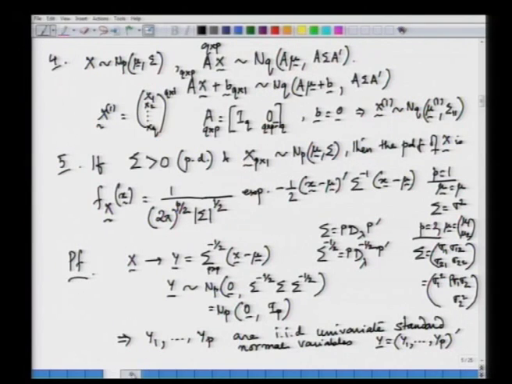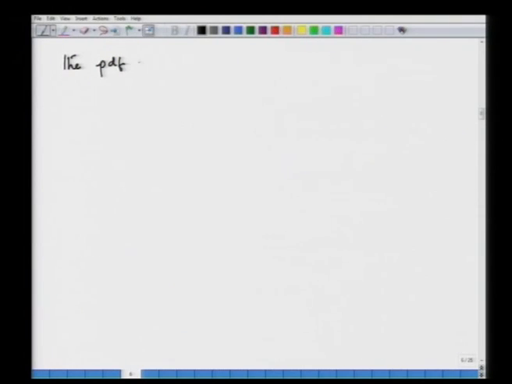Hence, the PDF of the y vector is just the product of p univariate standard normal distributions, which I can simply write as 1 by 2 pi to the power p by 2, and the exponent part is minus half summation y_i square, i from 1 to p.